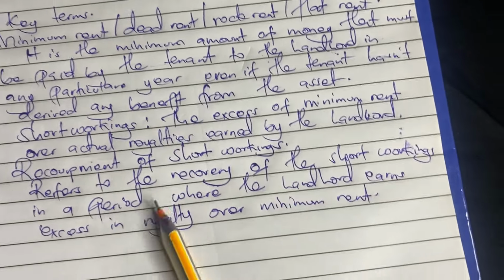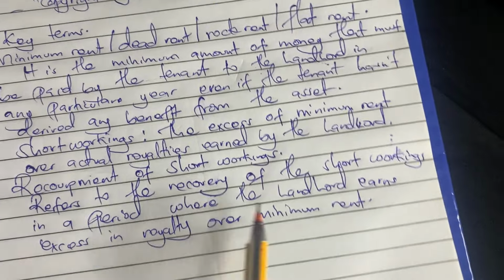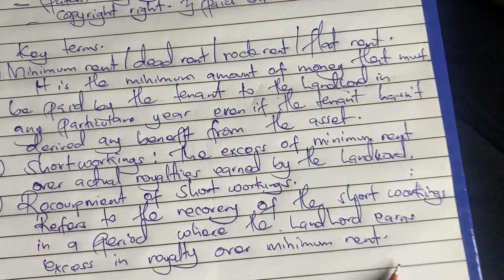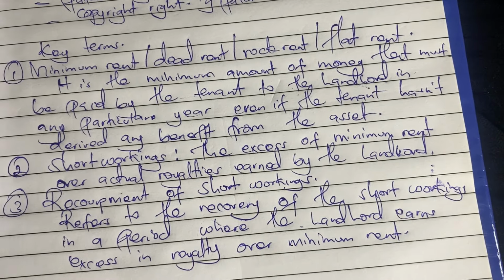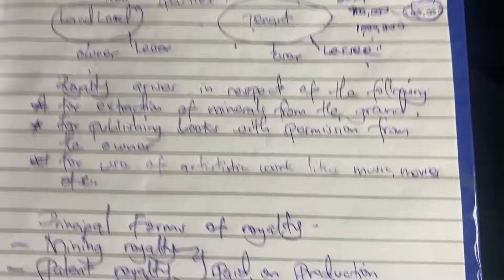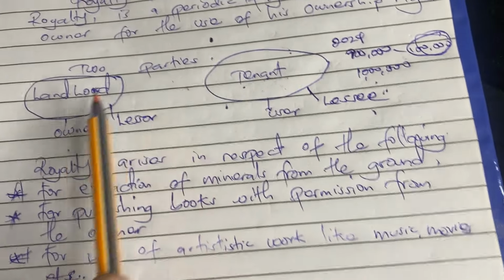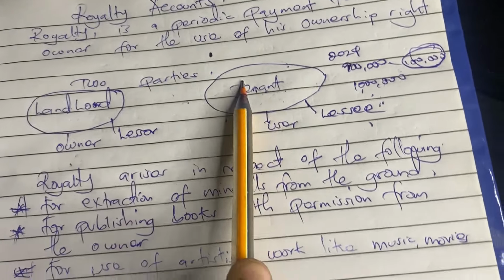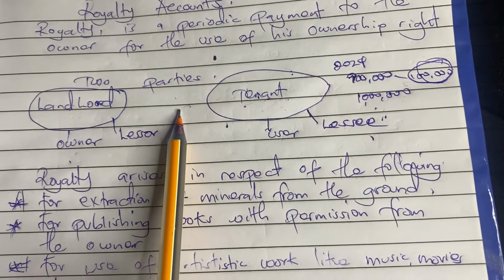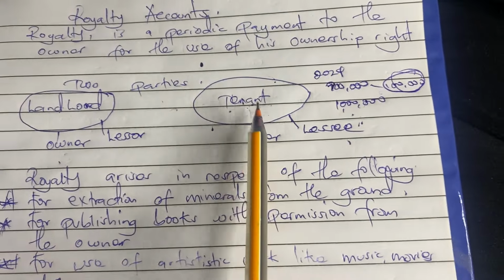Recoupment can also mean recovering. So it's the recovery of short workings in a period where the landlord earns excess in royalty over minimum rent. When they are signing an agreement, they can agree that the tenant is allowed to recover the short workings that are incurred in the first year, or in the first 2 years, or in the first 3 years.